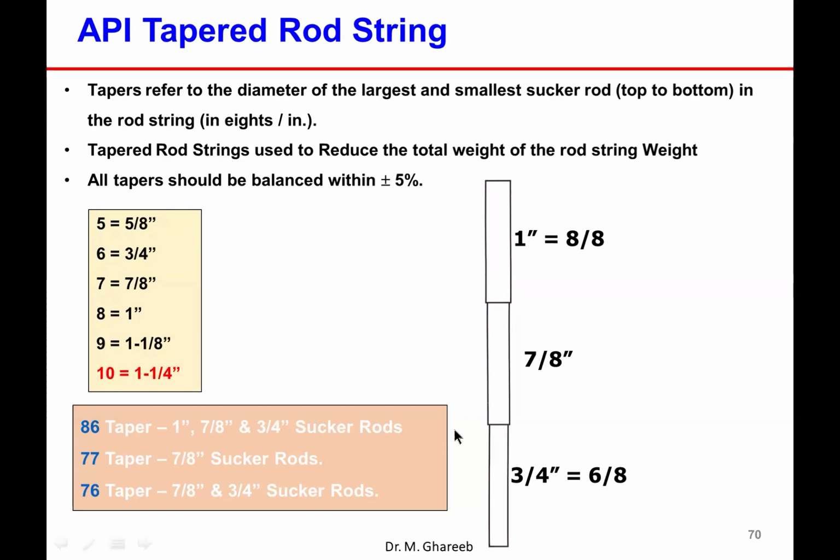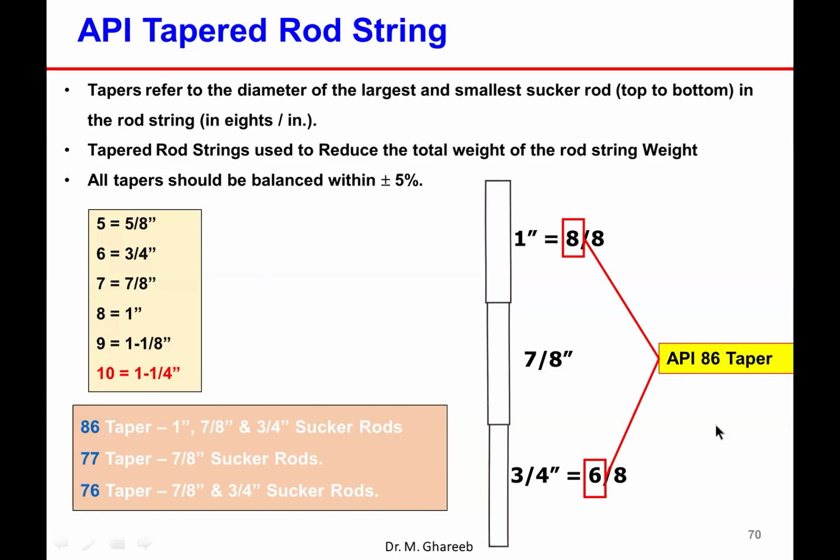Usually, if you have a rod string like this, you refer to the first one and the last one, and logically there will be middle rods between the two sides. For example, in front of us we have a tapered rod string with 3 sizes: 1 inch, 7/8, and 3/4. According to the API, this is called API 86 tapered rod string.